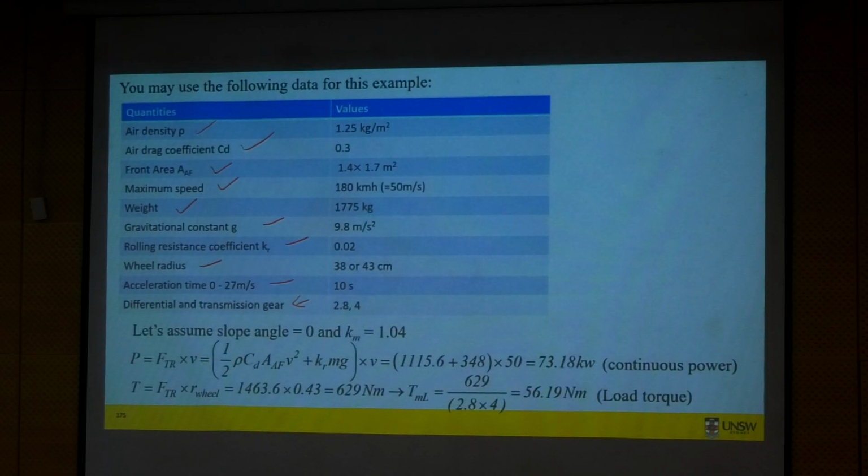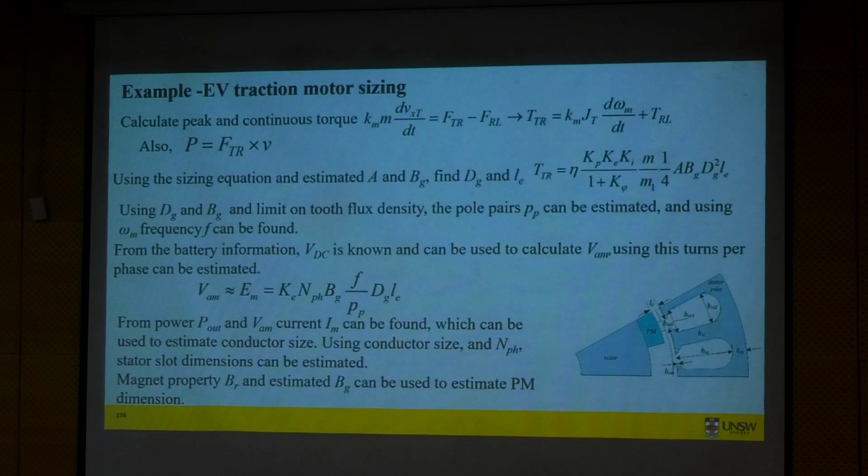the first part is for us to calculate the traction force, as we talked about. In the traction force, remember, we may consider the part related to inertia or acceleration only for peak power. But for the rated power, we may even neglect this part.